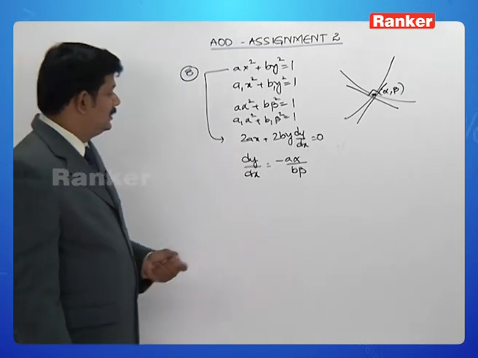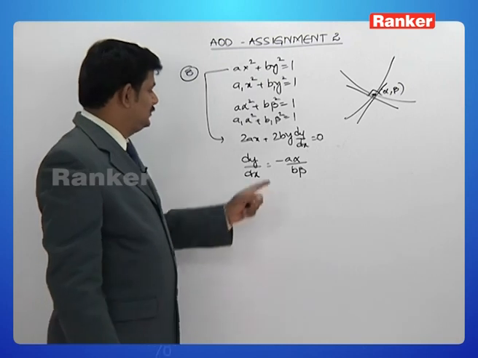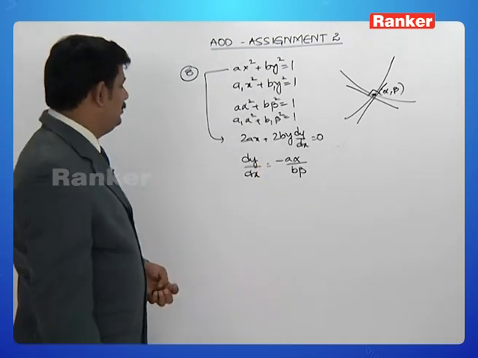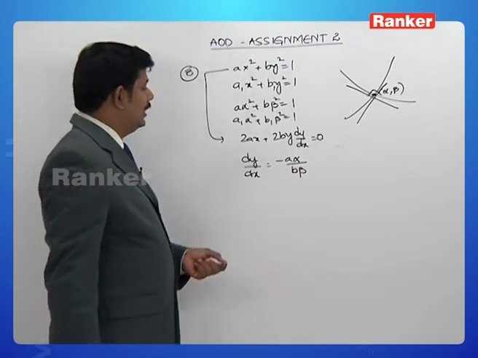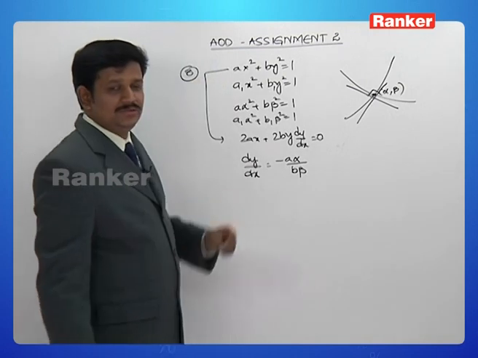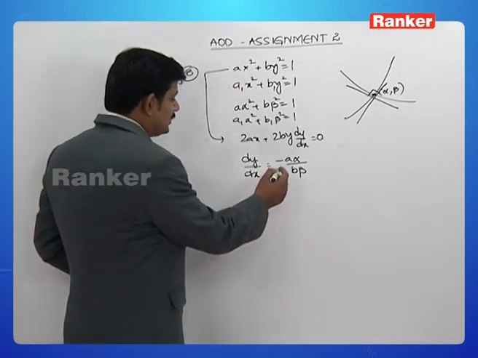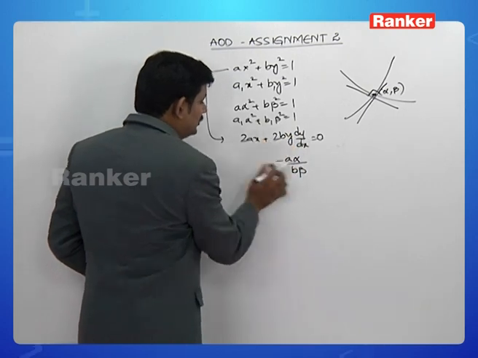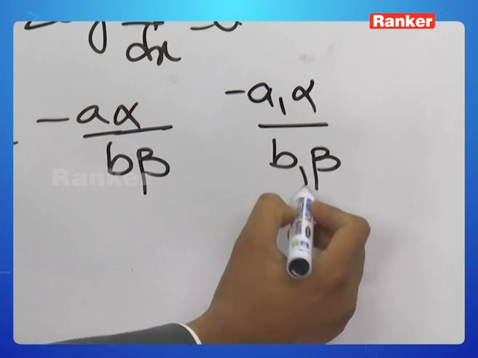Slope of tangent at the point alpha comma beta for the first curve is minus a alpha by b beta, and similarly for the second curve it would be minus a1 alpha by b1 beta. Only difference in these two curves is in place of a we have a1 and b we have b1. So, for the second curve slope would come out to be minus a1 alpha by b1 beta.